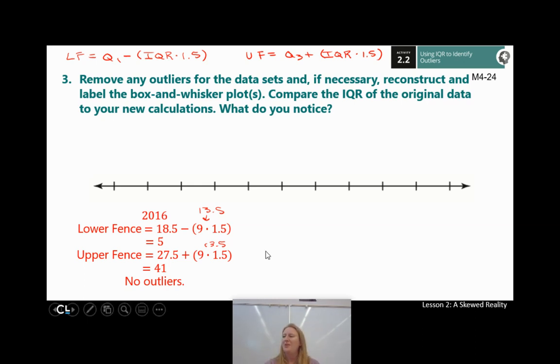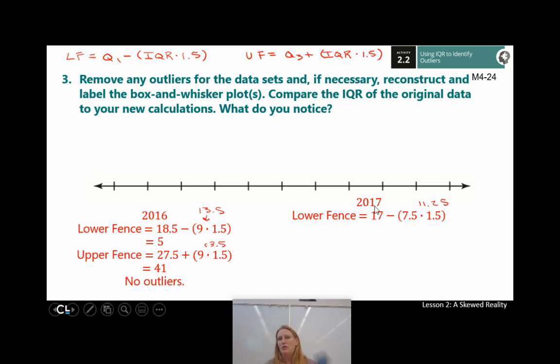Let's look at what's going on with 2017. Again, we're going to use these same formulas. For 2017, our first quartile was 17, and we found that our interquartile range was 7.5. 7.5 times 1.5 means that we have 11.25.